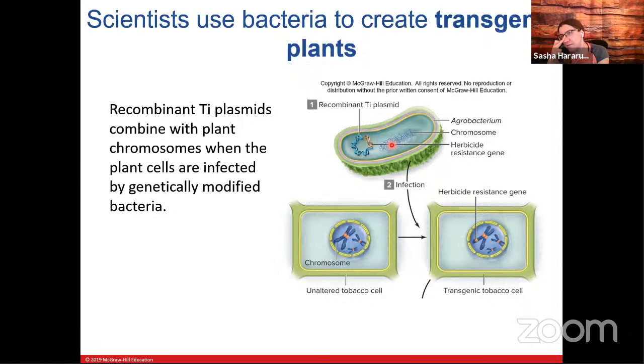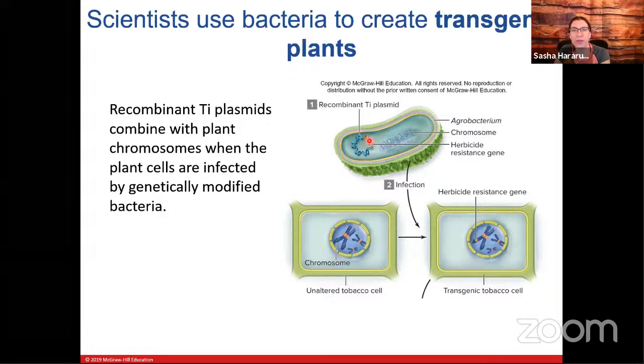As a result, plants start forming abnormal growths on their bodies. This is the natural way that agrobacterium works. The plasmid that causes this abnormal growth on plants is called TI plasmid, and TI stands for tumor-inducing plasmid.